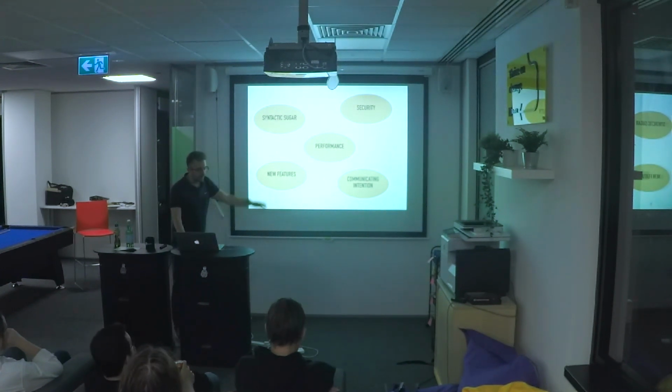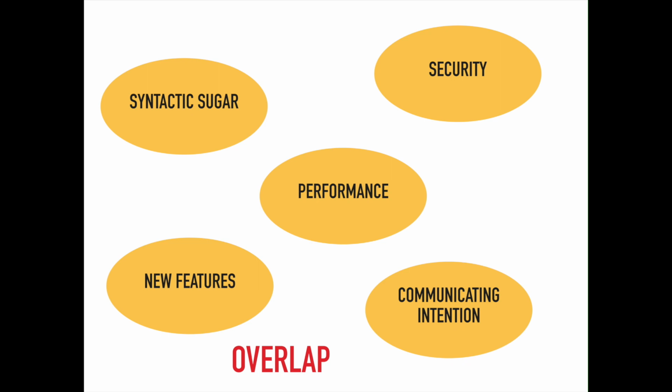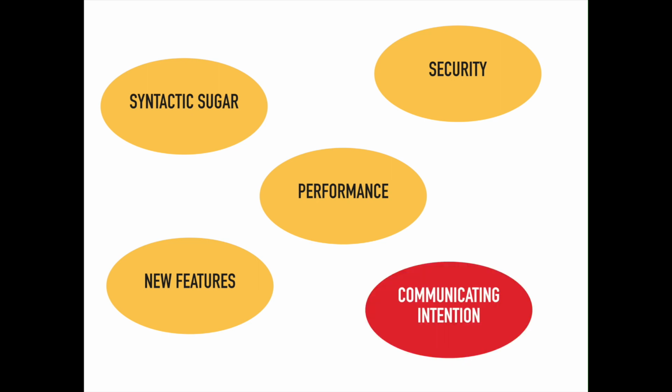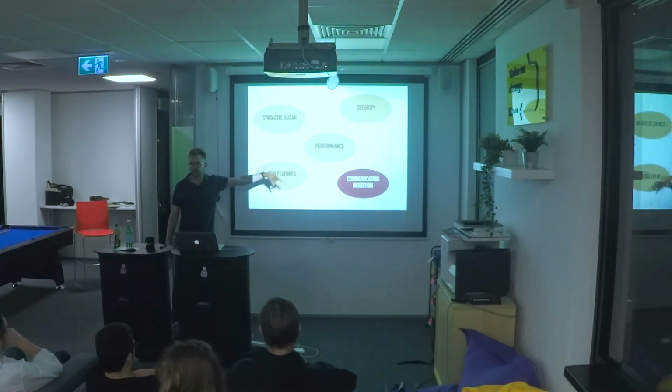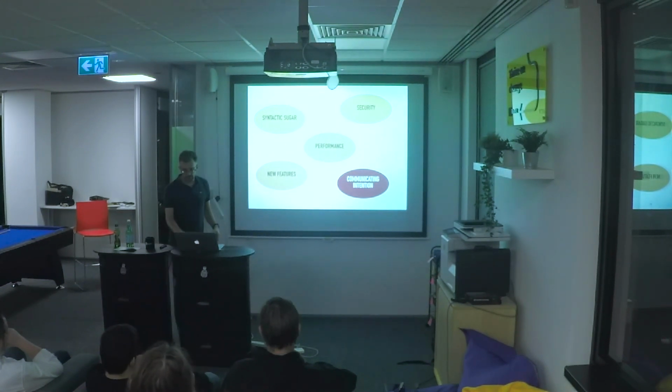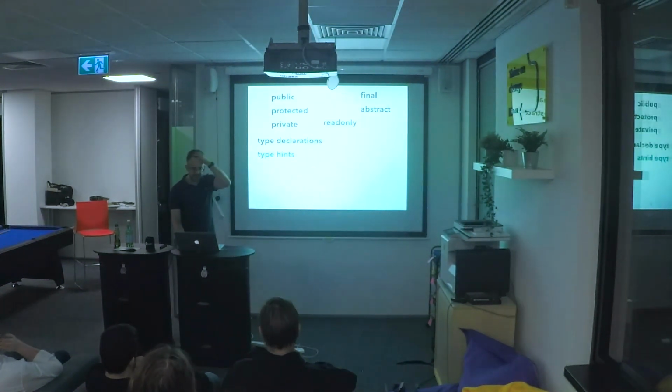And of course, there are RFCs that overlap one or two of these things. But the ones where you can do what I'm advocating here really come under this communicating intention thing. You could potentially, with static analysis, do some enum-like functionality if enums weren't part of the language. But really, it's all of this kind of stuff.